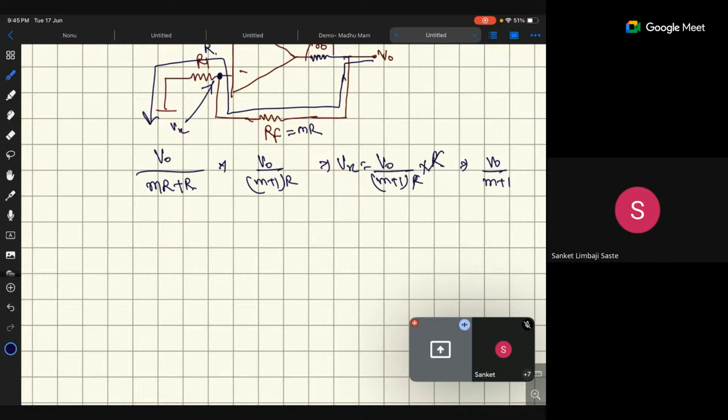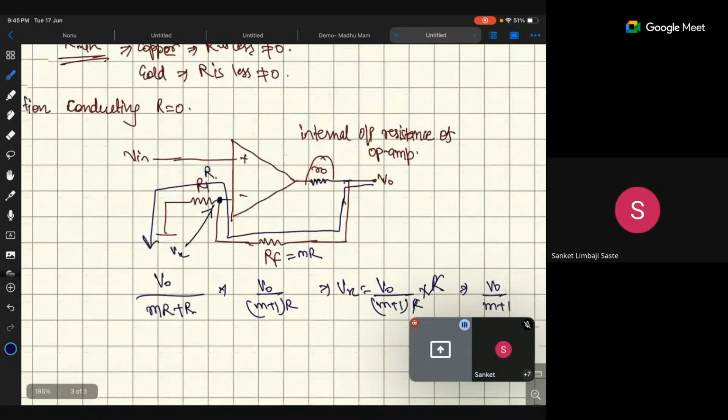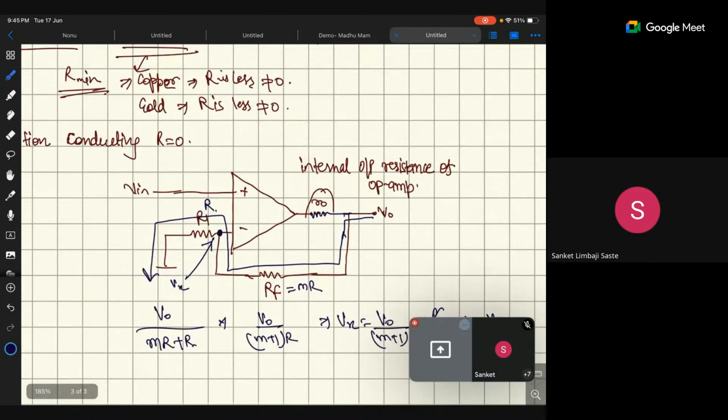Now, if this is the voltage at this point, what is the voltage at this point? V naught by M plus 1.